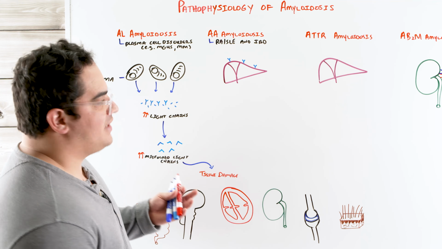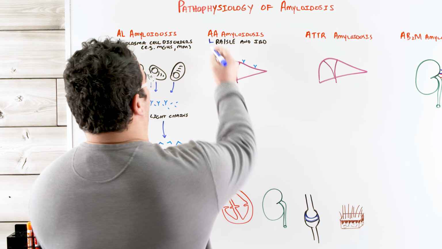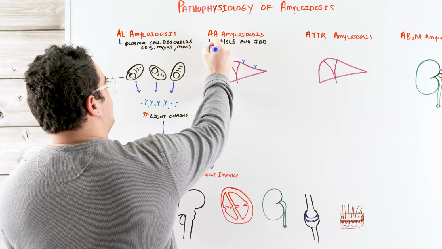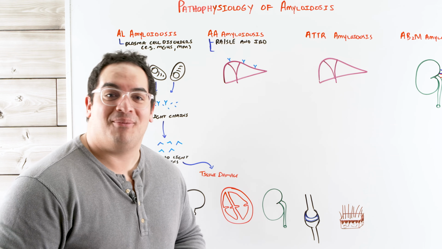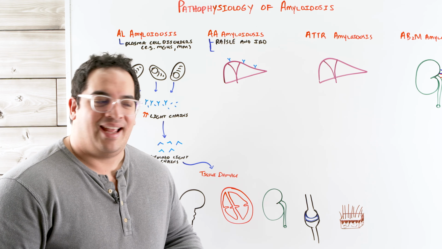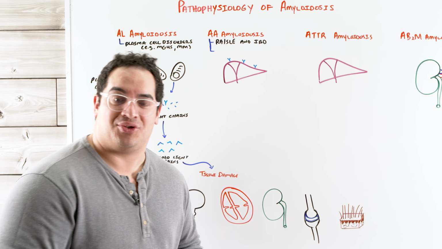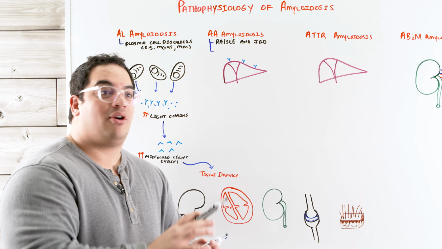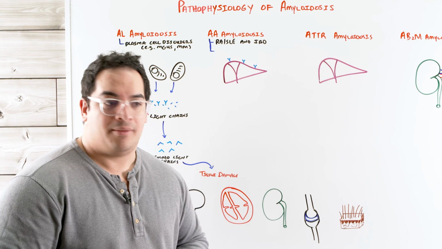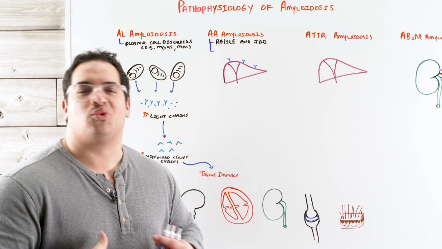All right, another one that they like to test on the exam. It's a fickle one. It's a weird one, but sometimes they like to ask things that are super rare. It's called familial Mediterranean fever. So FMF is something that we see in patients who have a family history. They're usually somewhere in that Mediterranean part of the world, and they present with fever. And here's the other thing, serosal inflammation.